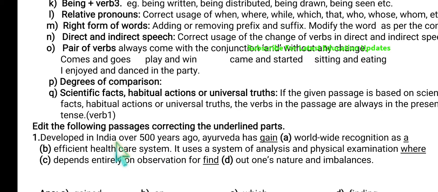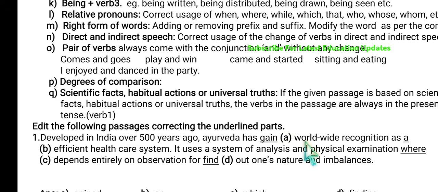Developed in India over 500 years ago, Ayurveda has gain. So here the underlined part is gain, G-A-I-N. This is the first error in the first line. So we have to find out the error and correct it, right?